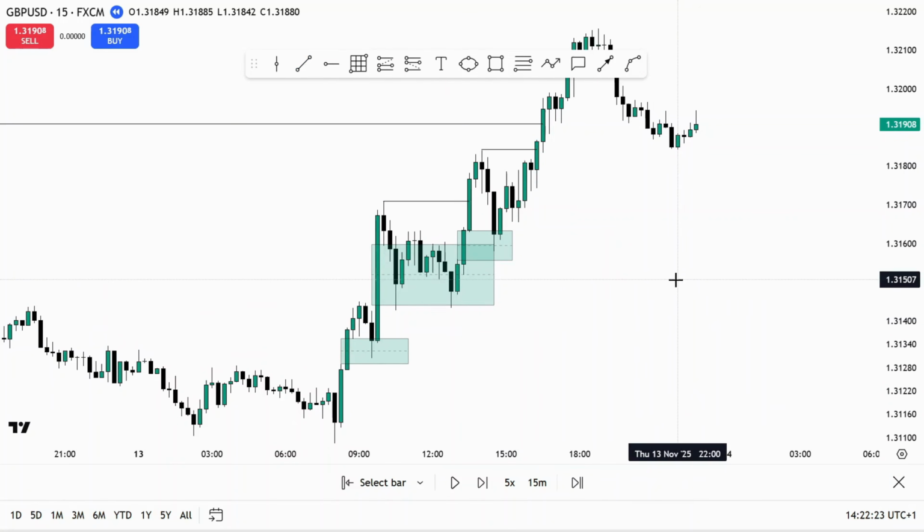You do not have to depend on price delivering a perfect liquidity sweep, market structure shift, and fair value gap directly inside the higher time frame internal range liquidity. If that specific pattern does not form, you can allow the lower time frame internal to external cycles to develop within the broader, higher time frame structure.